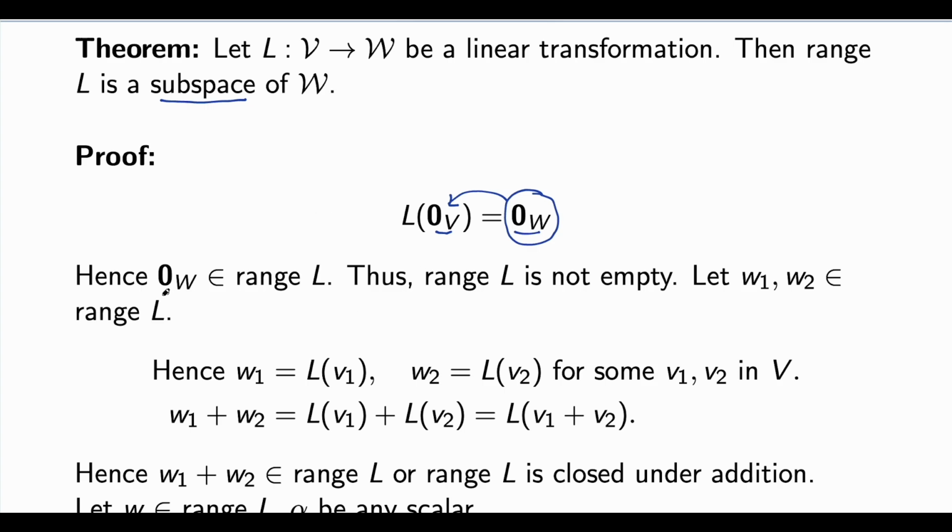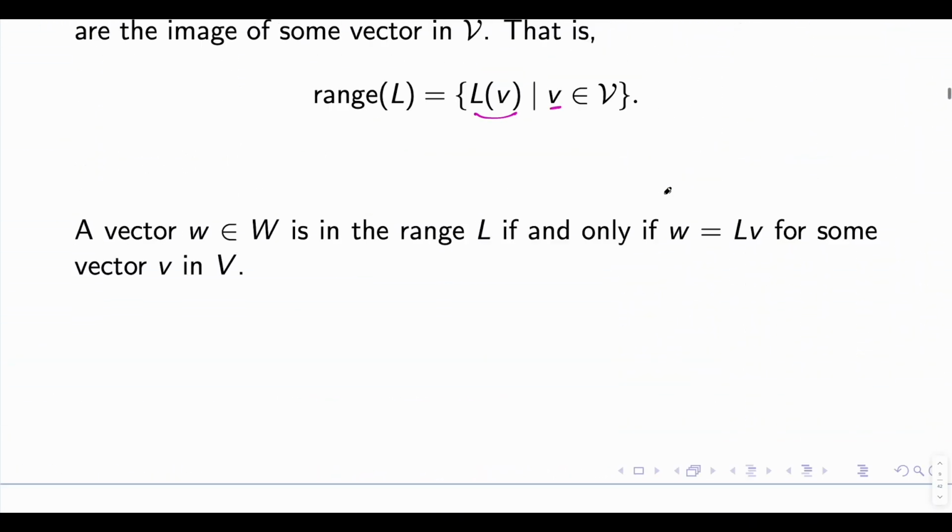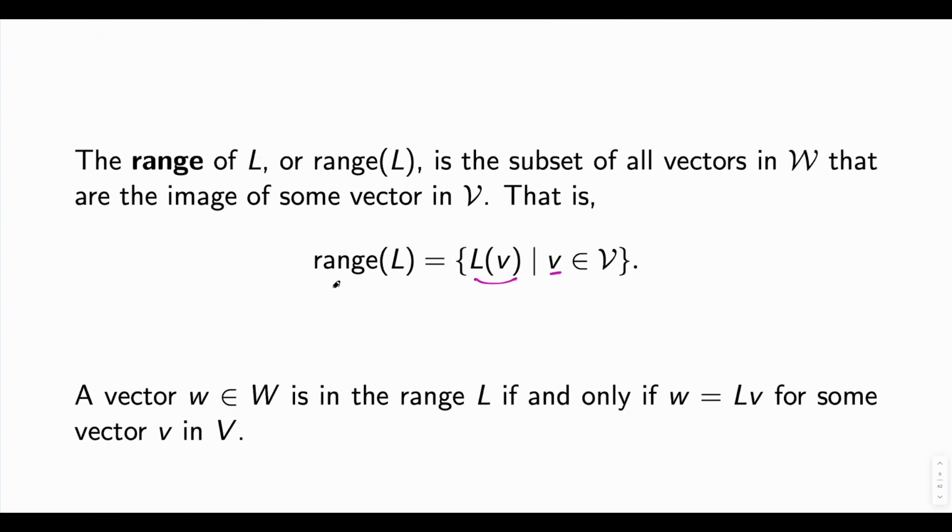It means that the zero vector belongs to the range, because by the definition of range of L, L of zero vector of V maps to zero vector of W.